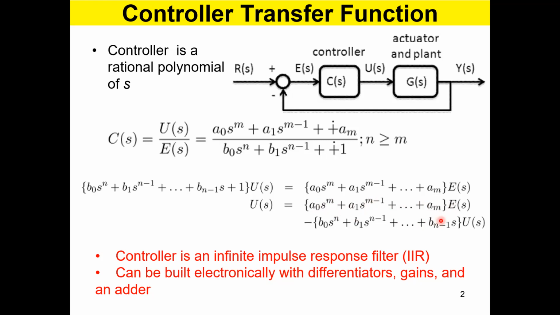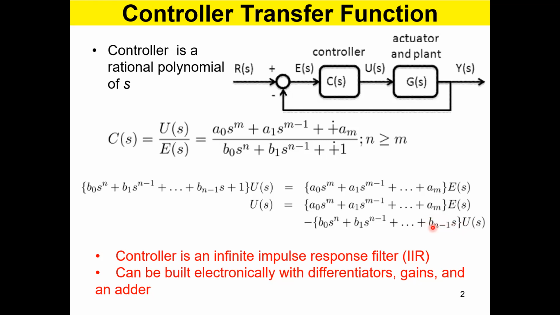If you look at the other term here, U(S) is the control signal, which is also changing as a continuous signal. It goes up and down, positive, negative. So what you need to do is differentiate, multiply. You can see over here, S times b_(n-1).